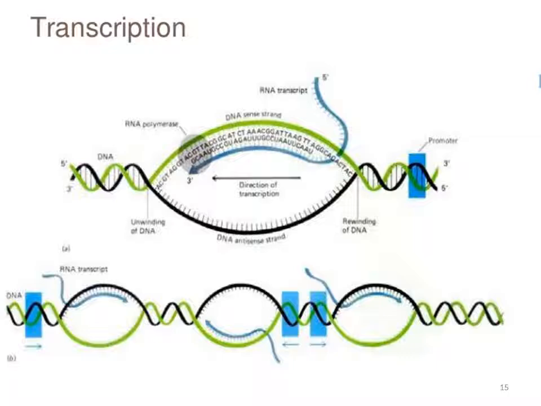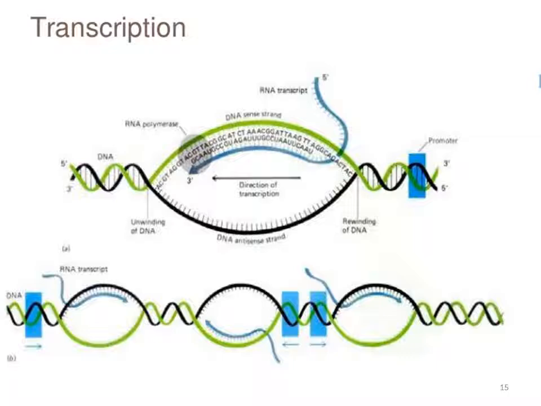This is growing and reading the nucleotides of the DNA molecule, and here it continuously binds the free nucleotides. So this is the direction of transcription, from here in this direction, and here we see that these enzymes are melting the DNA molecule and separating the two strands.